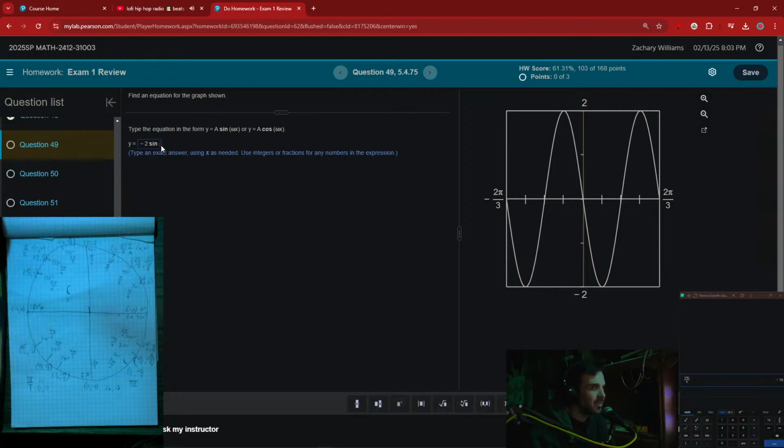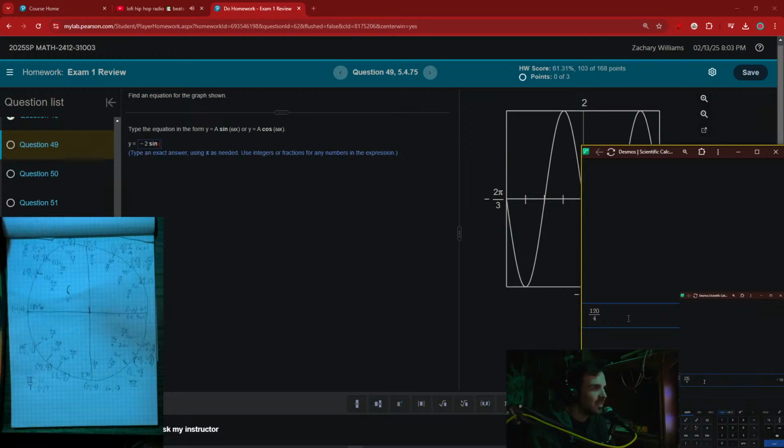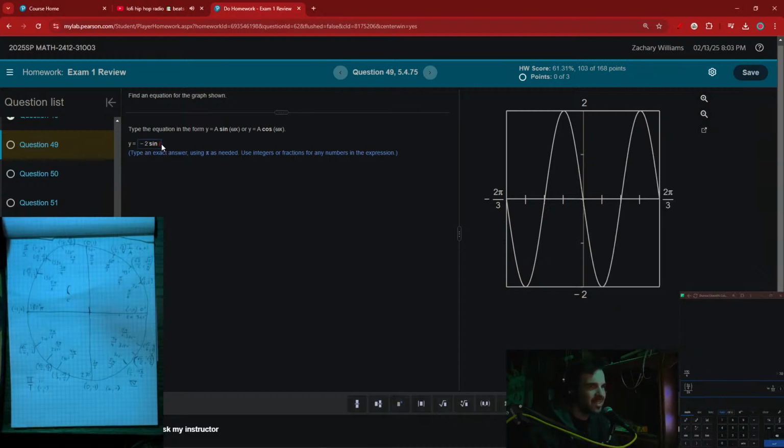But we have to reverse engineer that to make it, so I think that's 5 pi over 6 divided by 2 pi, we get our answer. Of course it's, what is it, 5 over 12? I feel like that's not right.